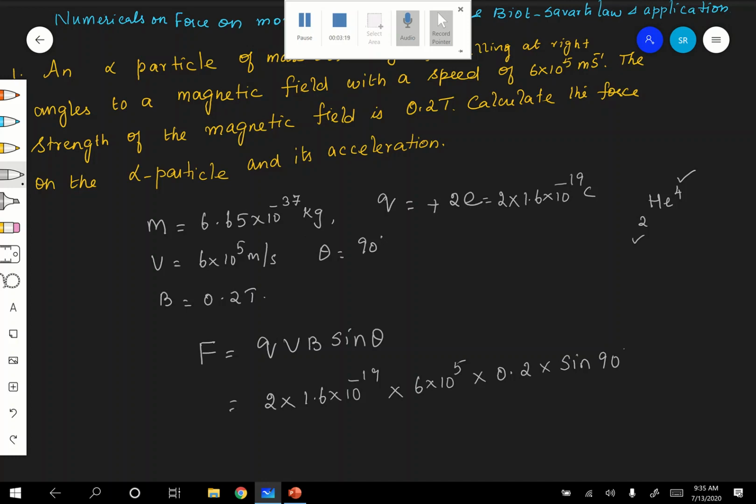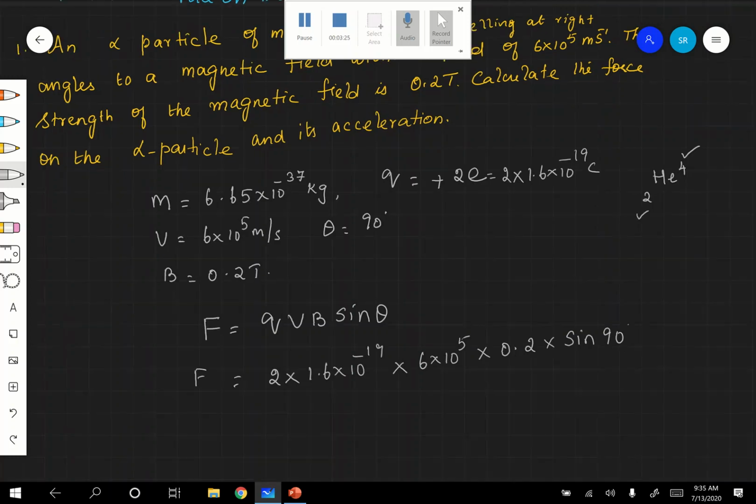And this is the force F. On solving, you have to solve by yourself. Multiply and you find the answer will be 3.84 × 10^-14 Newton.